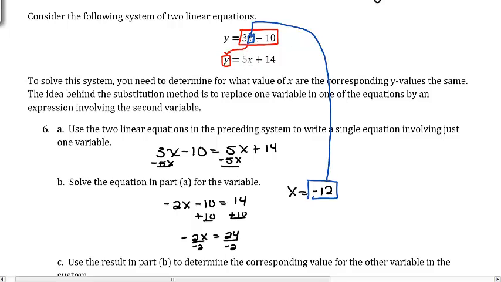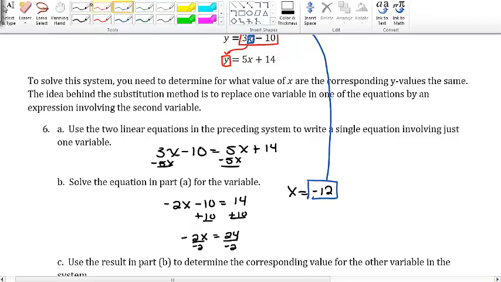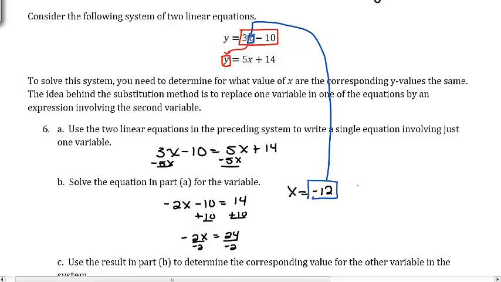So I'm going to replace this x with negative 12. That will give me y equals 3 times negative 12 minus 10. And so we get y is equal to 3 times negative 12 is negative 36, and then minus 10 gives us y equals negative 46.